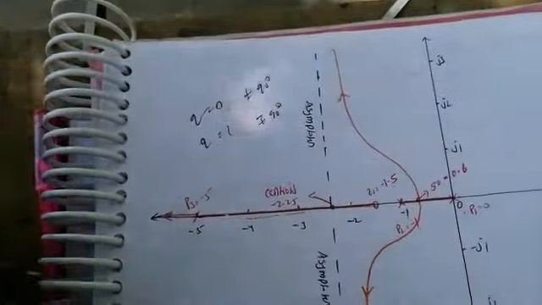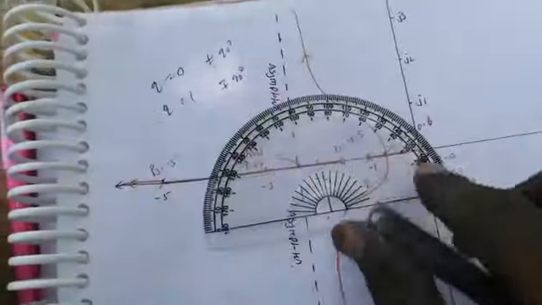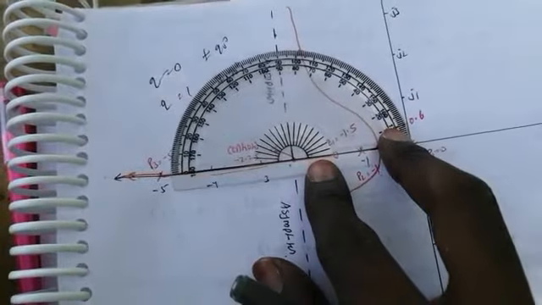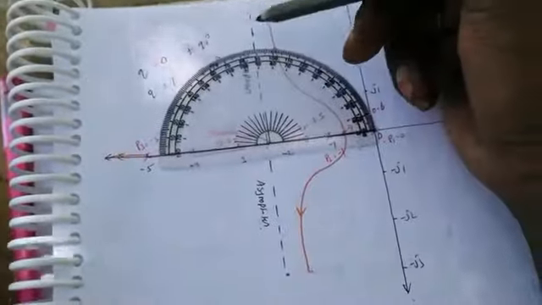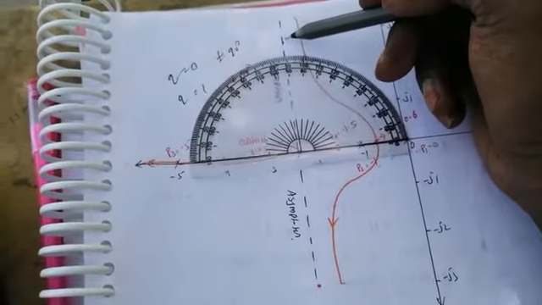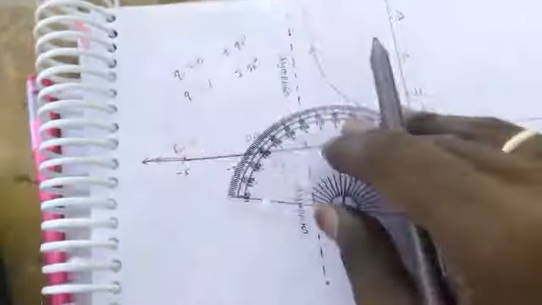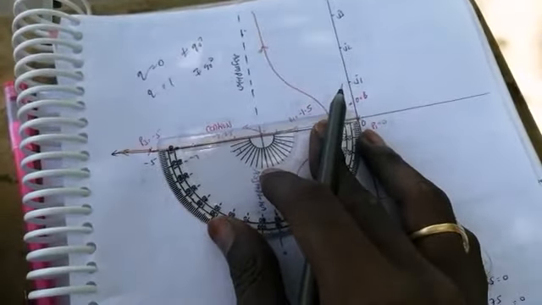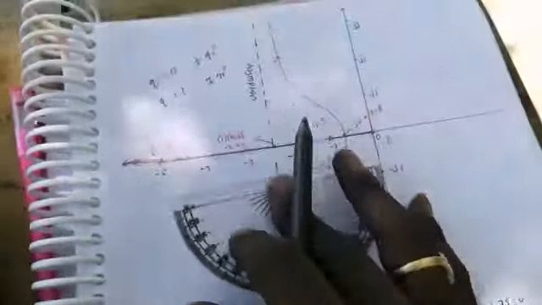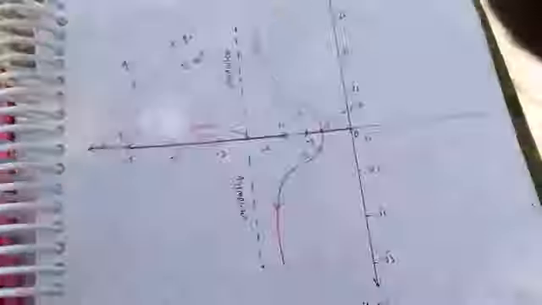So how can we draw it? Keeping the protractor on the centroid midpoint, if you draw 90 degrees, it should be a vertical line. The upper line belongs to plus 90 degrees and the lower line to the negative angle. So 90 degrees.